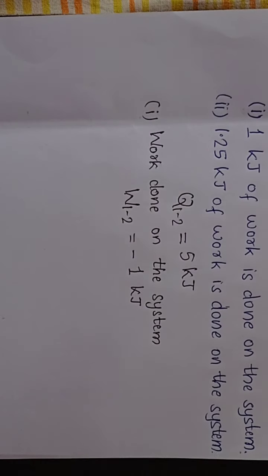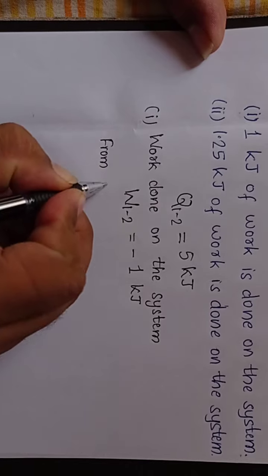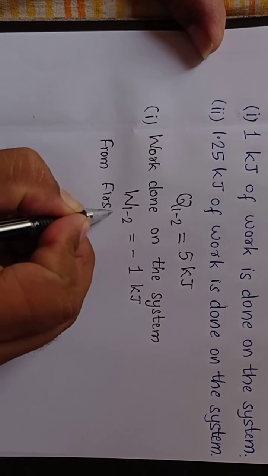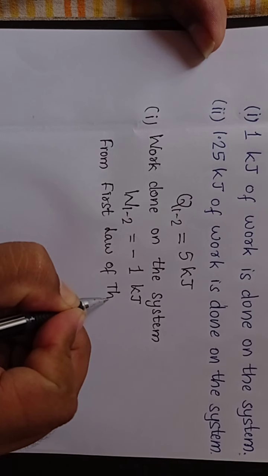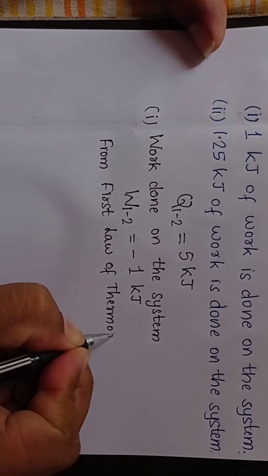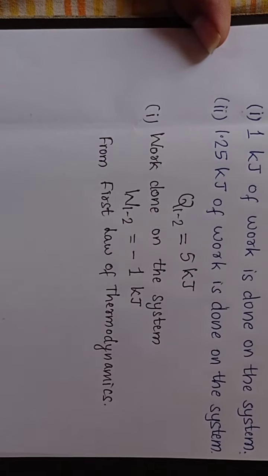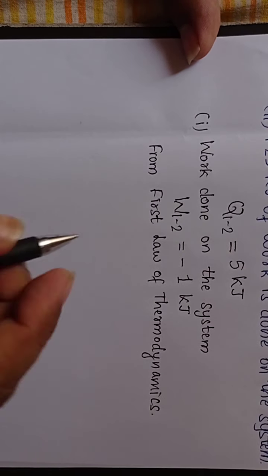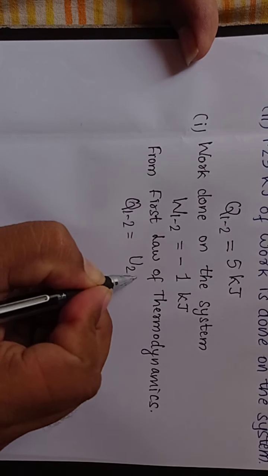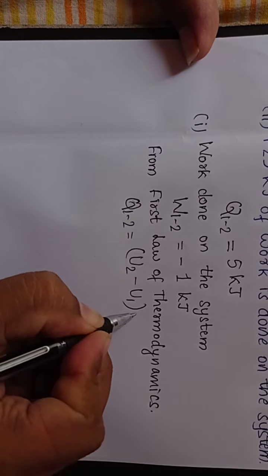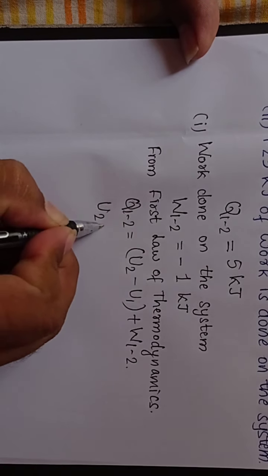So find it again from the first law of thermodynamics. We know Q12 is equal to U2 minus U1 plus W12. So I want U2 minus U1.